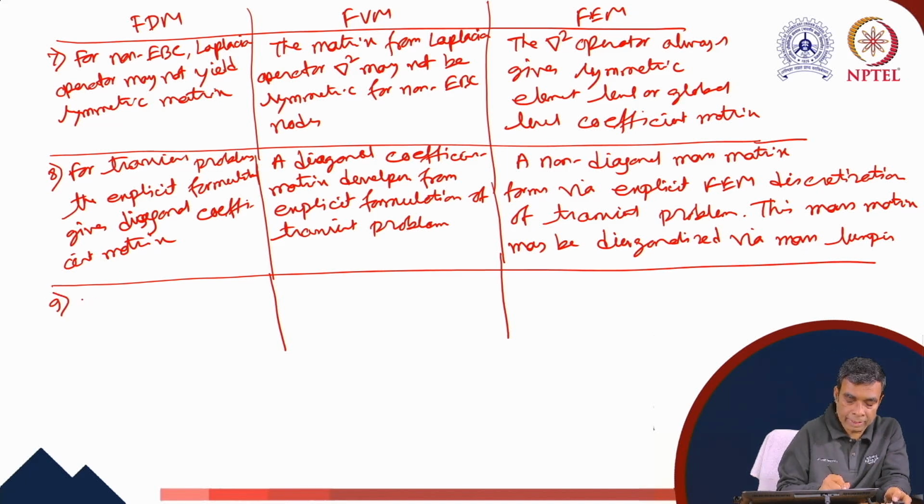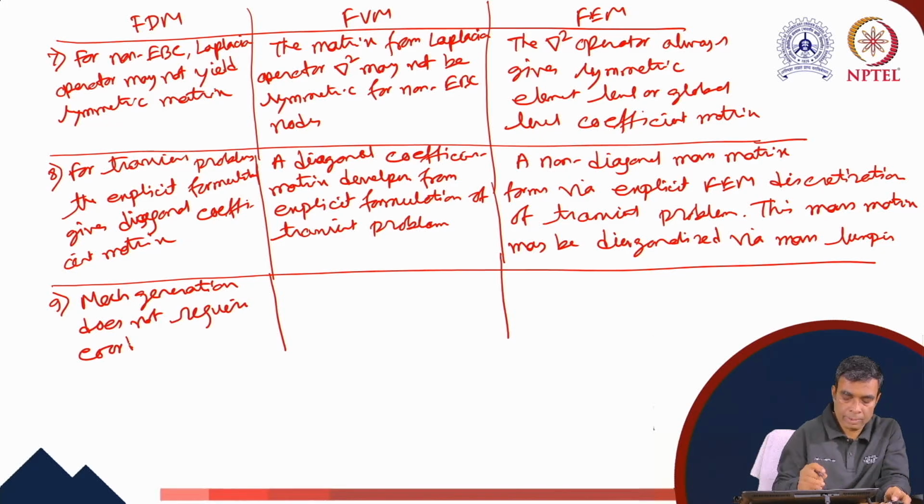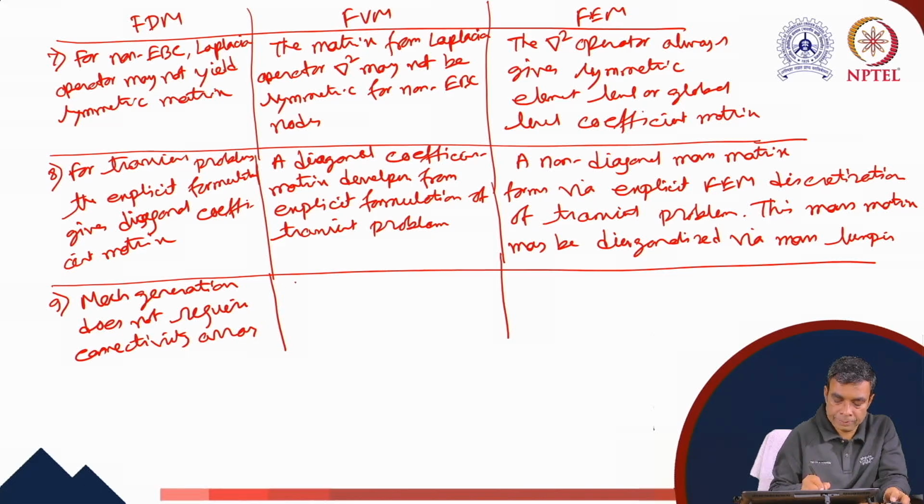In FDM mesh generation does not require connectivity array, only coordinate array is sufficient.